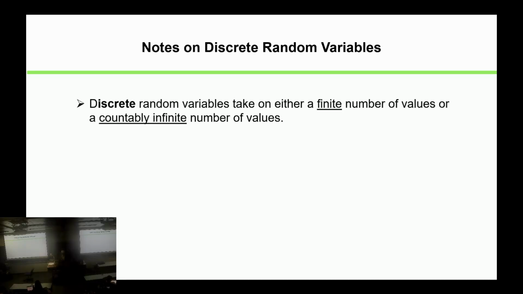Okay, so with those things in mind, let's think of a couple of notes on discrete random variables. We do distinguish between discrete random variables where the random variable either takes on a finite number of values or what we call a countably infinite number of values.